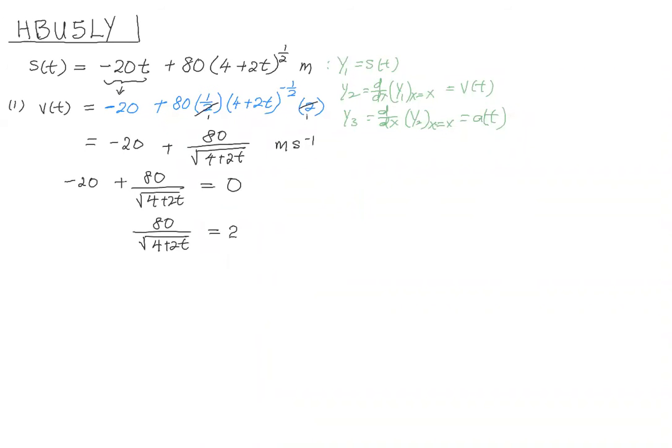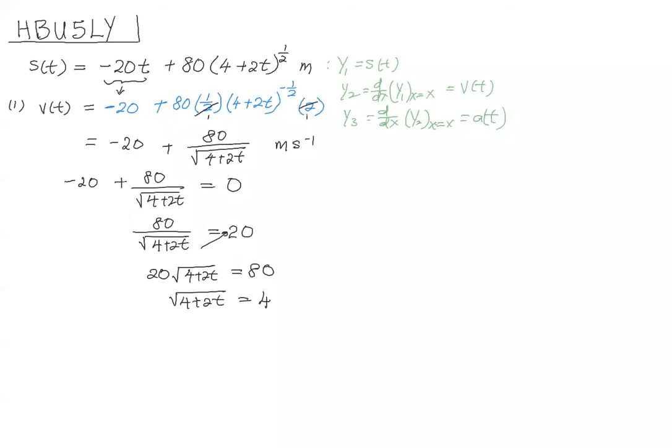Sometimes you have to know how to solve algebraically because the question may ask you to show algebraically. So you have to learn both methods. Cross multiply. Divide by 20. I got 4 equals 80 over the square root.